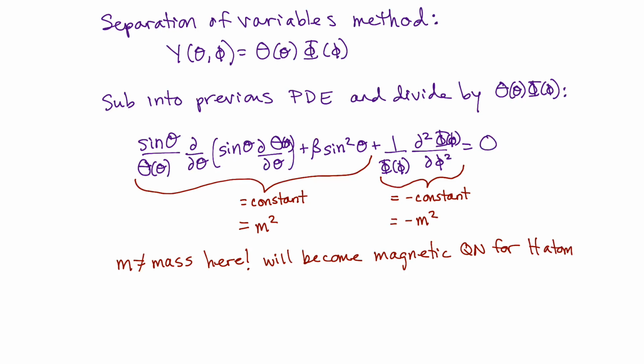Later we're going to see m become one of the quantum numbers that we know for the hydrogen atom. That is an overview of how we set up the separation of variables to solve the Schrodinger equation for the rigid rotor. We'll look at the explicit wave functions, the phi component and the theta component, and how to obtain them in subsequent videos. Thanks.